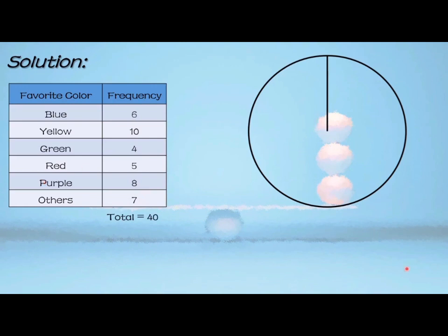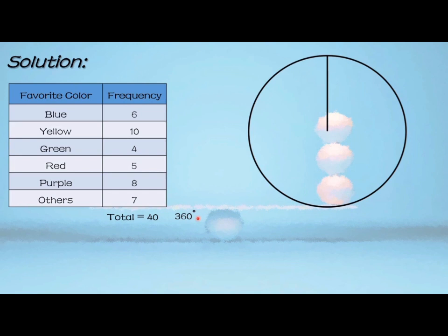At ang isang bilog ay katumbas o may sukat na 360 degrees. Since gagamit tayo ng degrees, kailangan natin gumamit ng instrument which is ang unit niya ay degrees. At ito ay ang protractor.